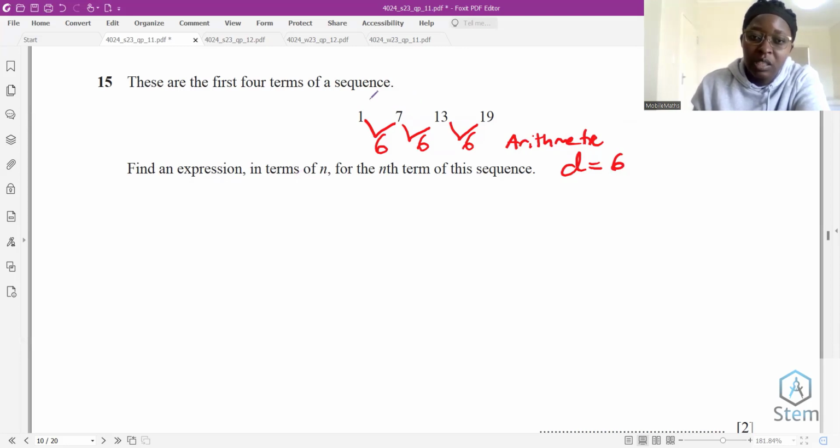So this is our term number 1, term number 2, term number 3, and term number 4. So it's easy. I'm going to start with term number 2.